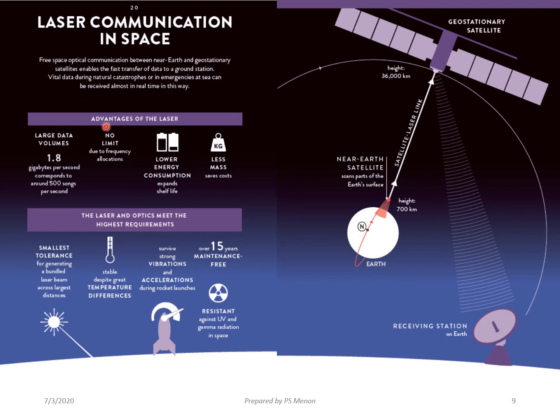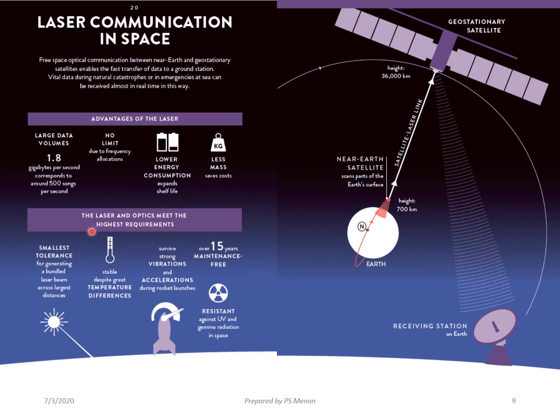The advantages of laser are very clear cut: large data volumes, no frequency allocation, lower energy consumption and therefore longer shelf life, and it's very light, with less mass, and therefore it saves cost.